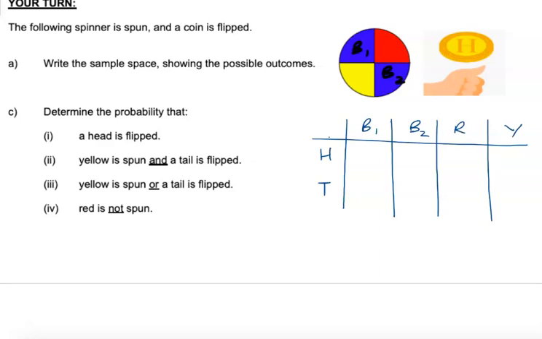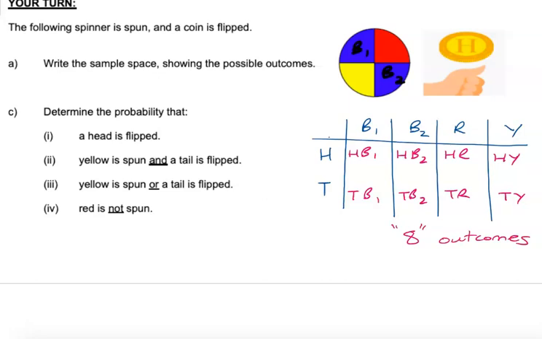So in writing these, I can flip a head and hit the first blue area, a head and the second blue, head and red, head and yellow. Then again, same colours but flipping a tail on the coin. So I can see that I've got 8 possible outcomes in total.